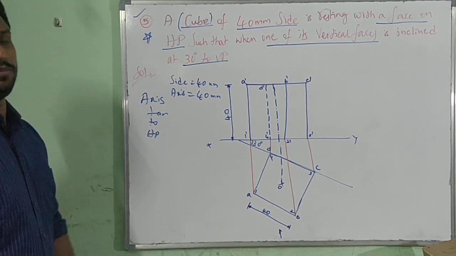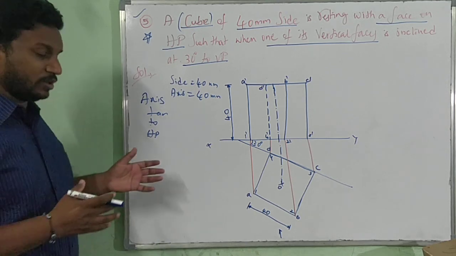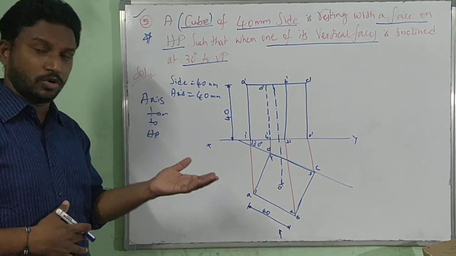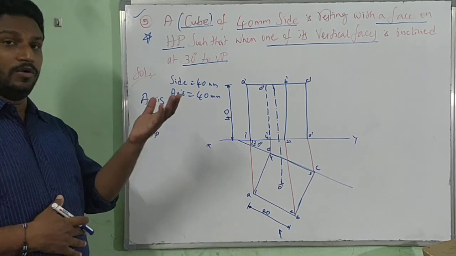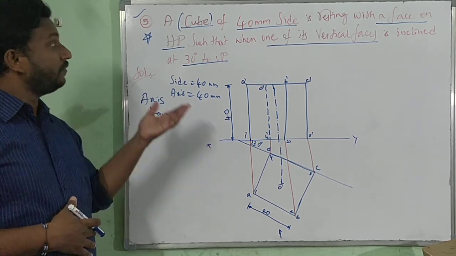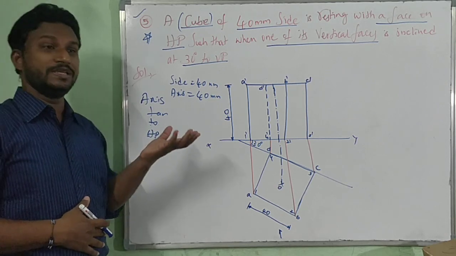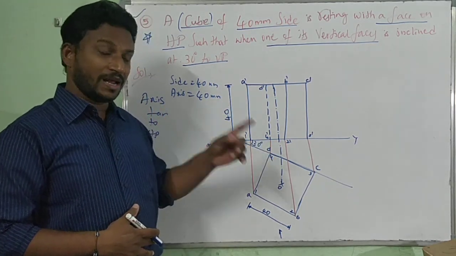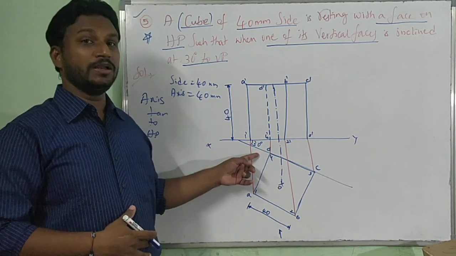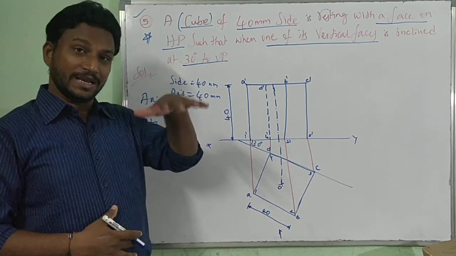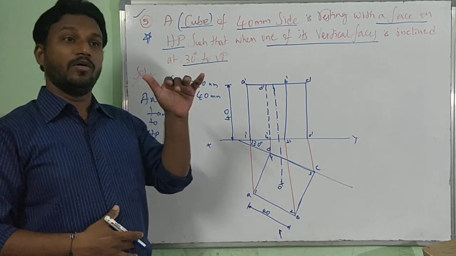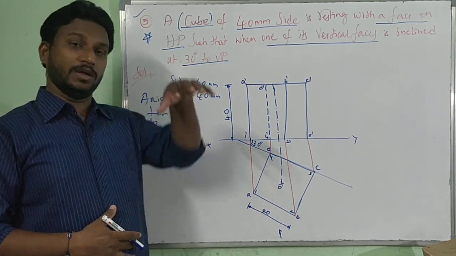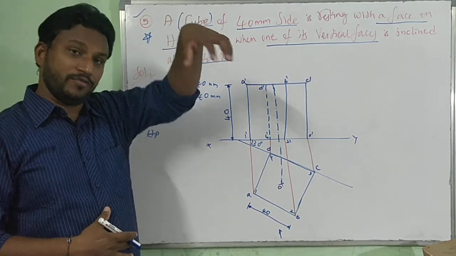Same like previous problems, but if you observe the differences: first problem cylinder, second problem cone, third problem square pyramid, fourth problem square prism, fifth problem cube. All these have some important points to remember: vertical edge inclined to VP, vertical side or vertical base inclined to VP will be represented in the top view.